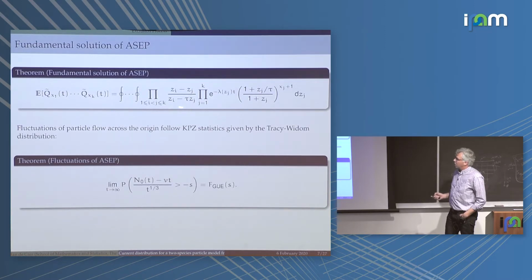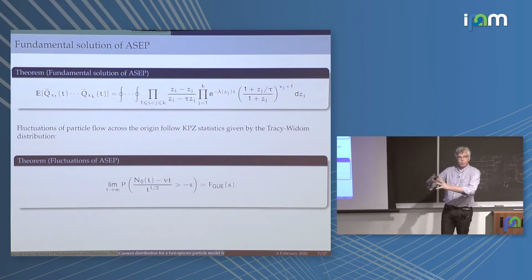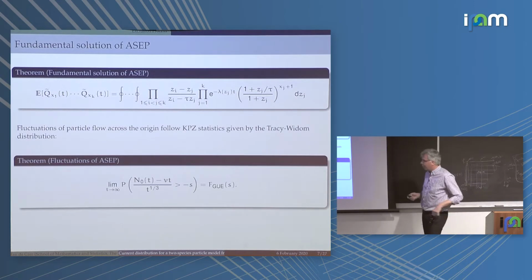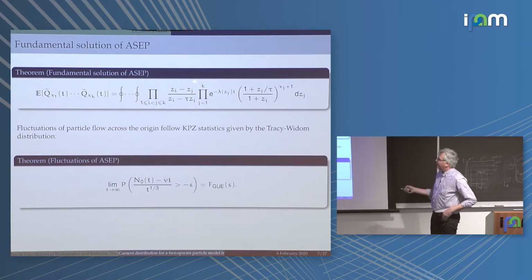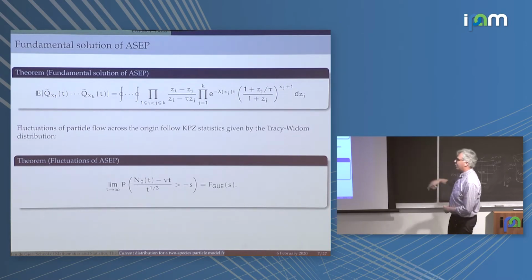There's this product over k appearing here, and the number of integrals is k. So it's somehow an inconvenient formula for an asymptotic calculation, and you have to massage it in a different way. If you go to this Fredholm determinant description, k will appear just as a parameter, and then you can take asymptotics. So we'll see how that works a bit later on.